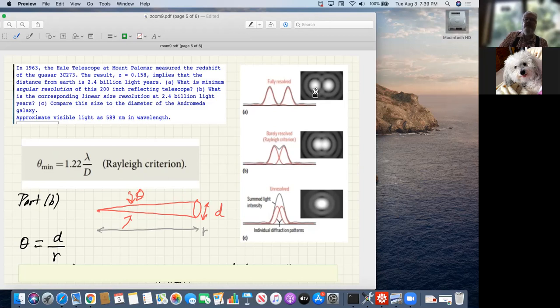Suppose we had two sources of light. And here's our telescope, right down here. Suppose I had not one source of light, but two sources of light close together.